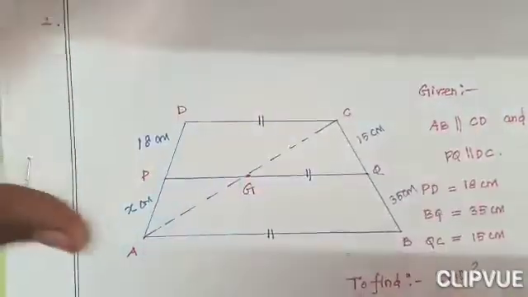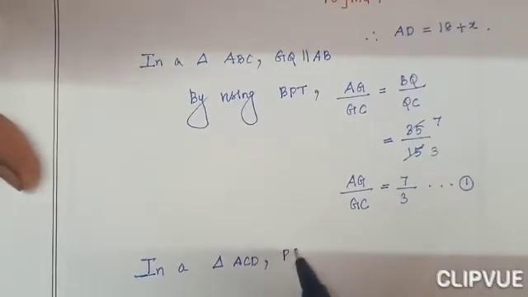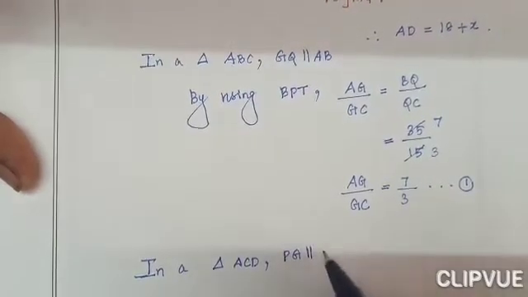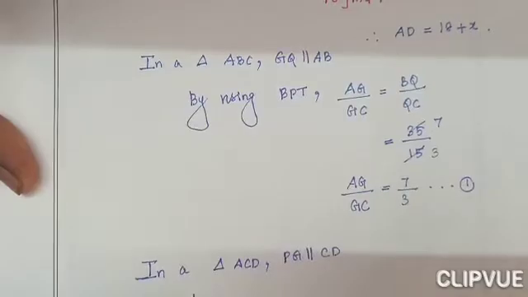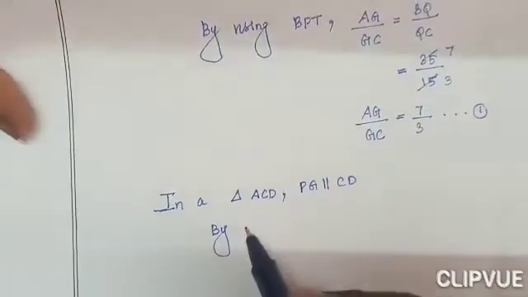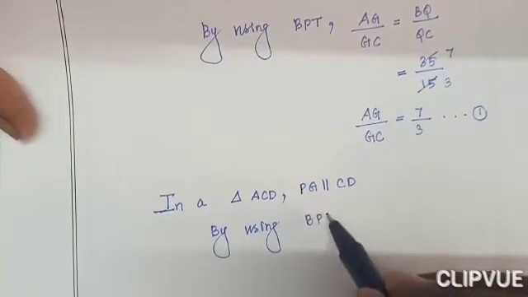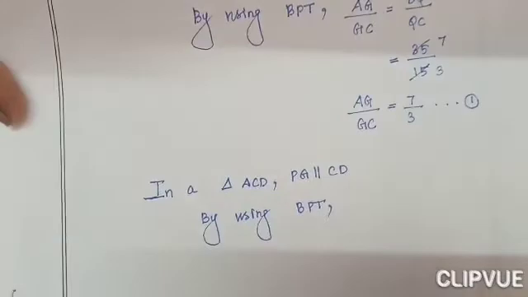So PG parallel to CD, by using BPT theorem, basic proportionality theorem. Okay, so how can we write it?